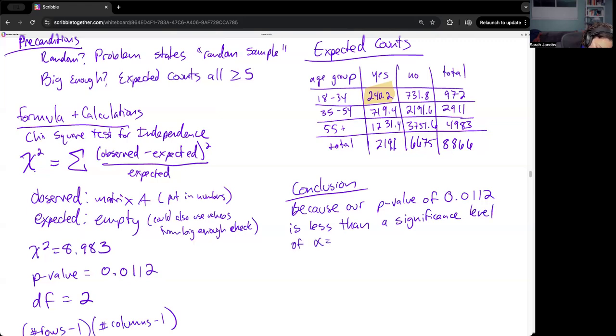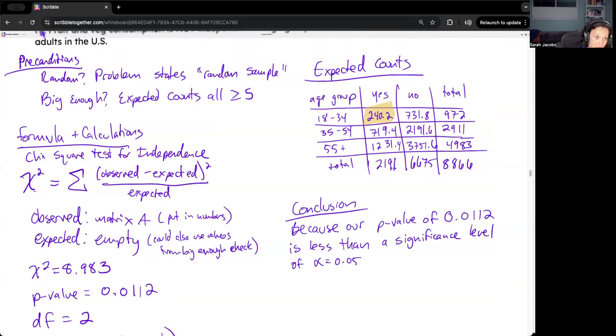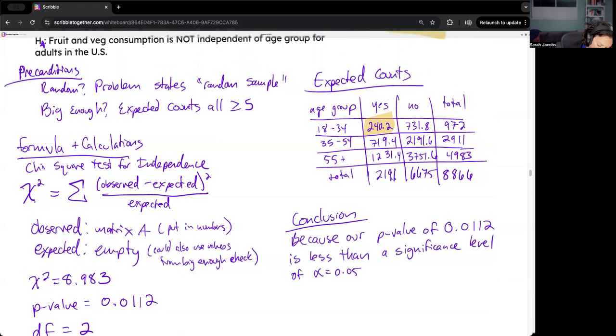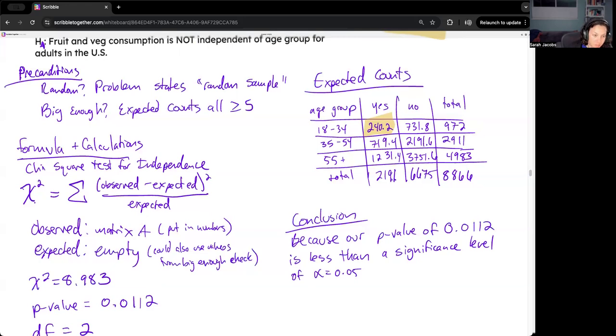of alpha equals 0.05. And maybe we go up here and say, there's not giving us a significance level, so we're going to say significance is alpha equals 0.05, right? Oh, I put that up above where you can see. Hello.